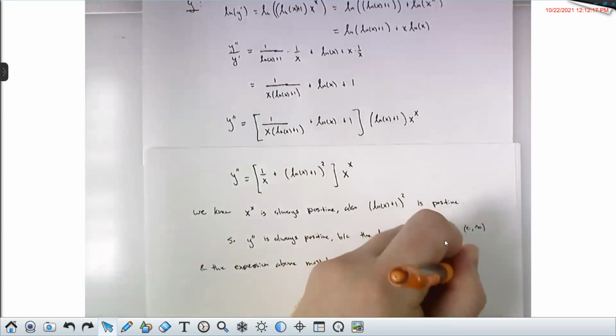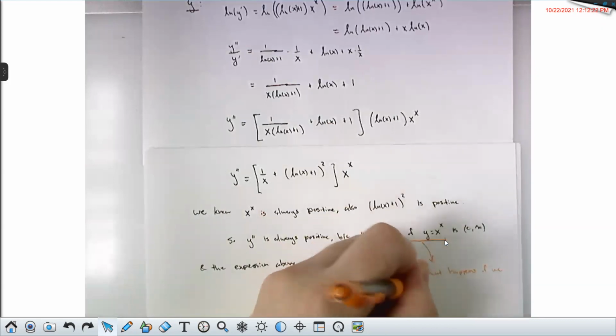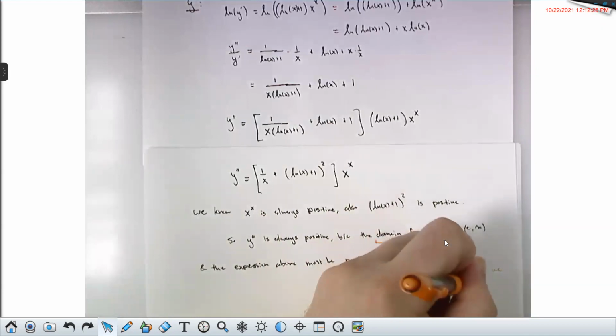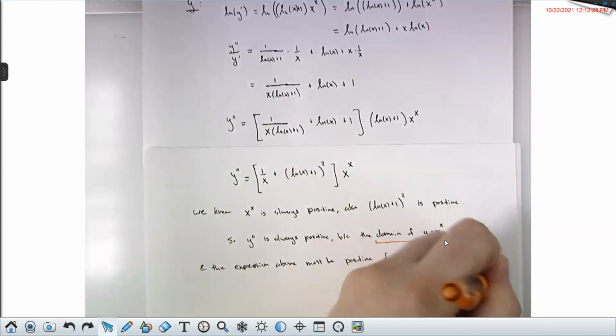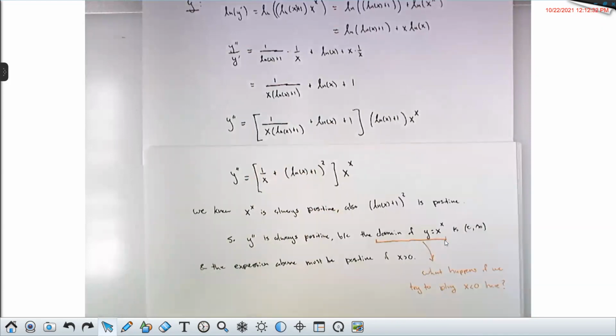What happens if we try to plug in x's which are less than 0 here? Well, -1 is okay, right? You could plug -1 in here. You get -1 raised to the negative first power, which is -1. And negative integers in general are okay here.